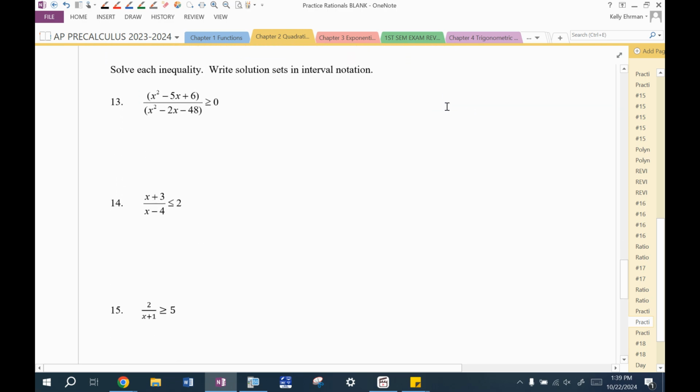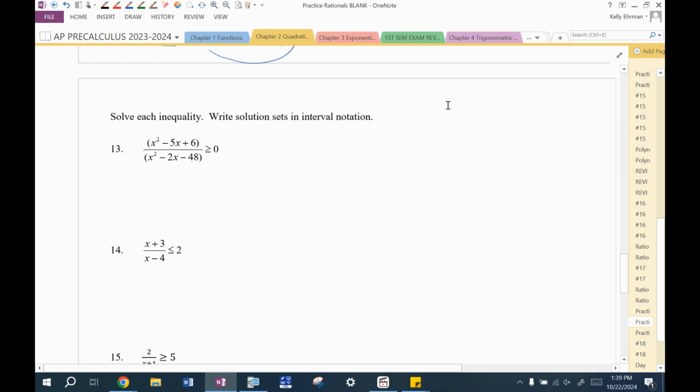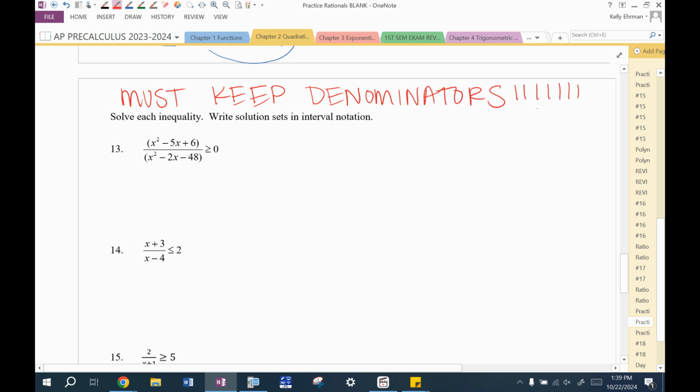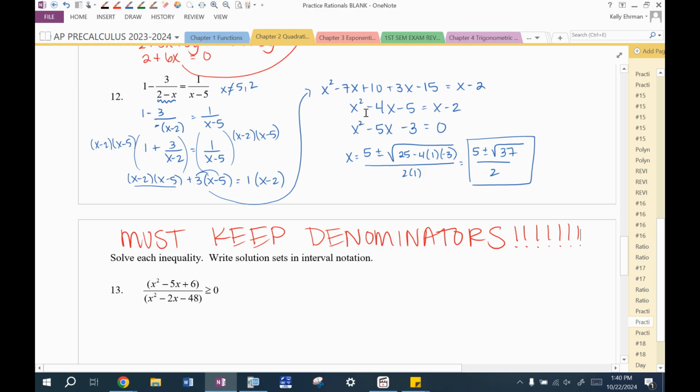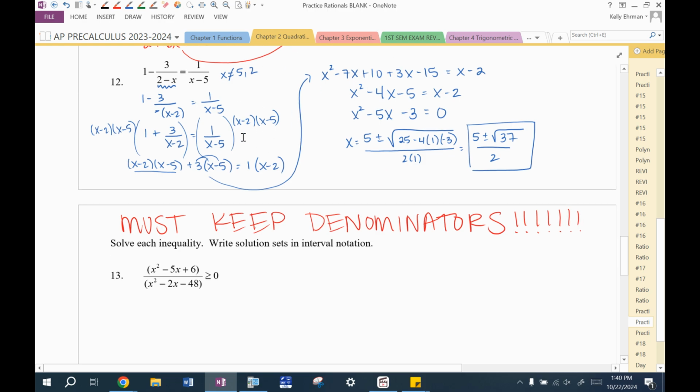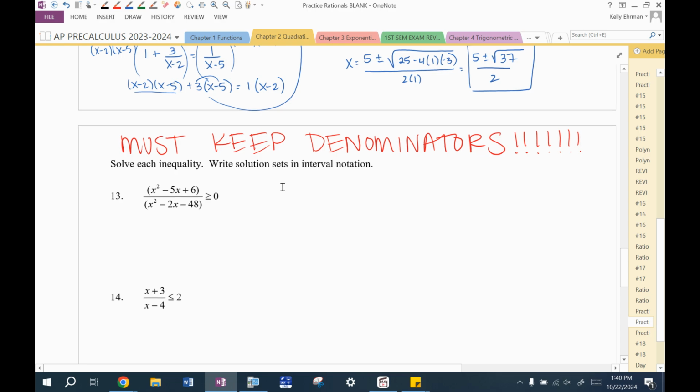Okay, solve each inequality. When we're solving inequalities, we must keep denominators. You should be writing this large at the top of your paper just like I am, because the most common mistake after you just get done clearing out fractions because you're solving equations, the most common mistake is to keep doing that for inequalities.